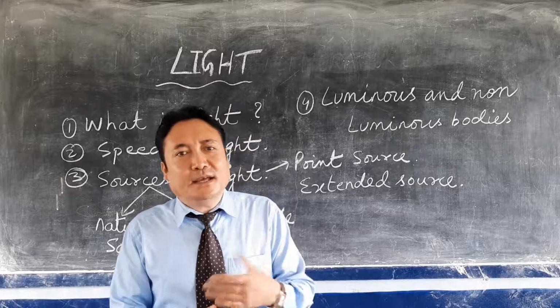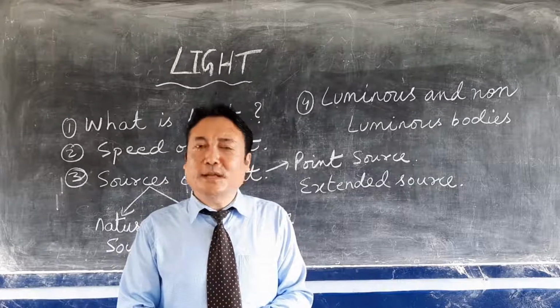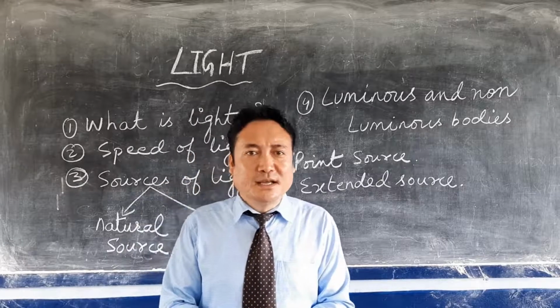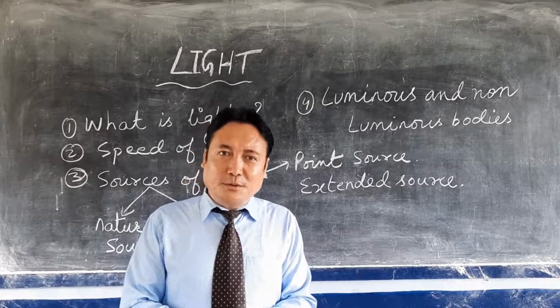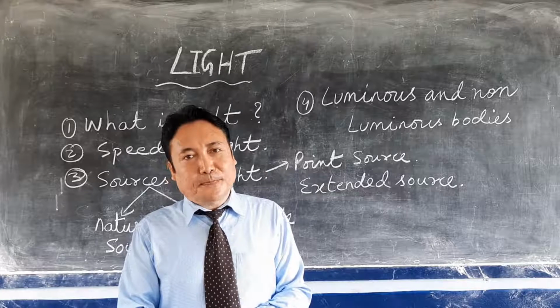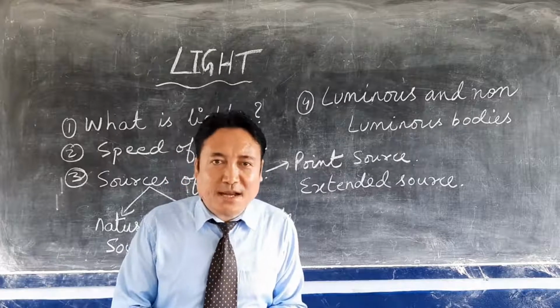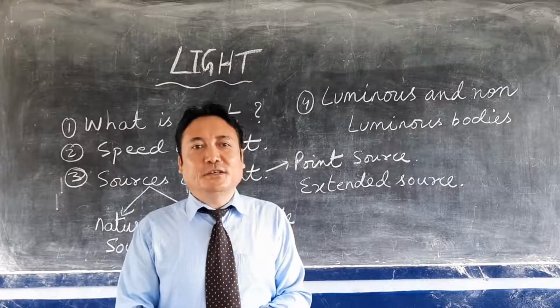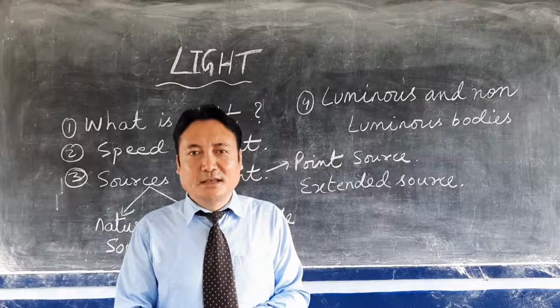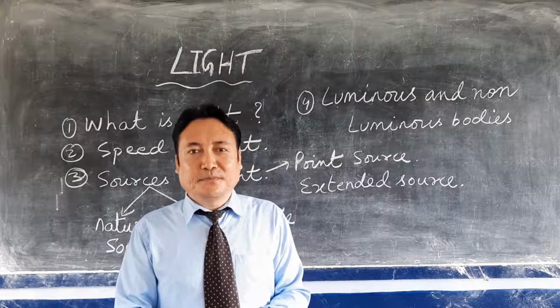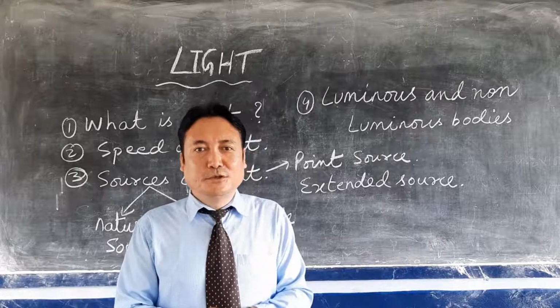Then after the sunset, it becomes dark. There is no natural source of light, so we depend upon another source of light, which we call the artificial source of light. You will light a candle, lamp, LED bulb, or fluorescent tube.